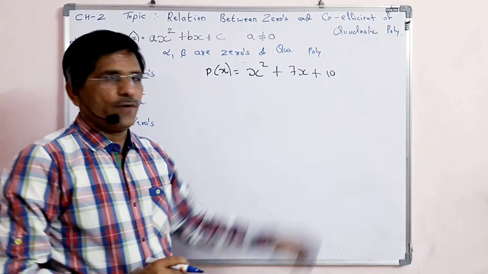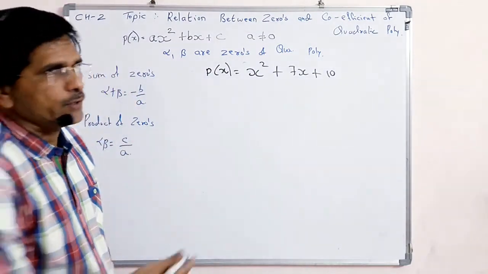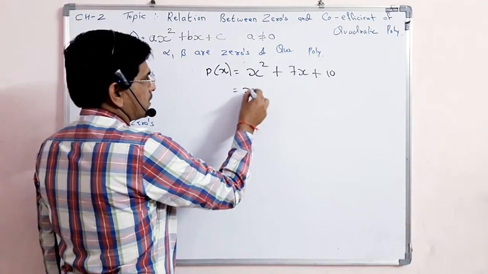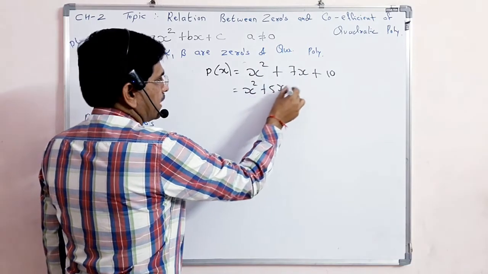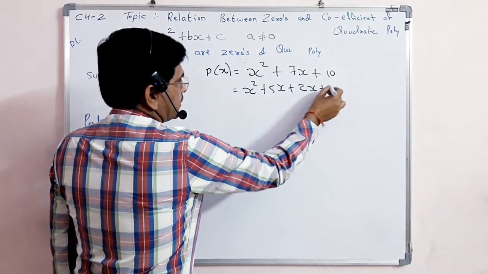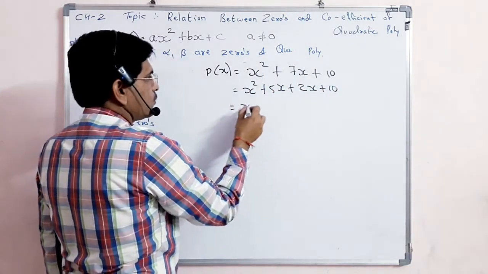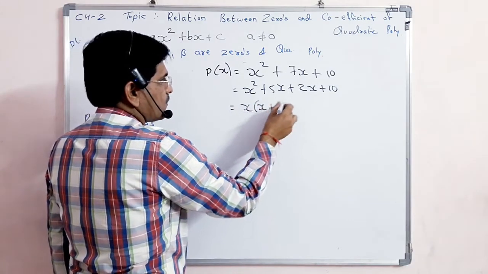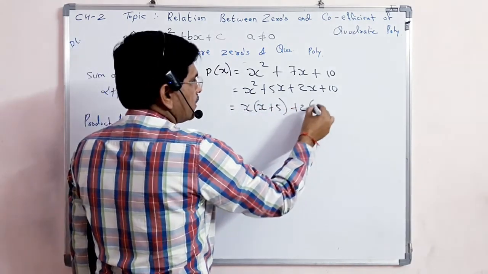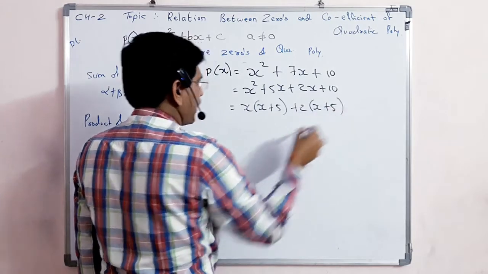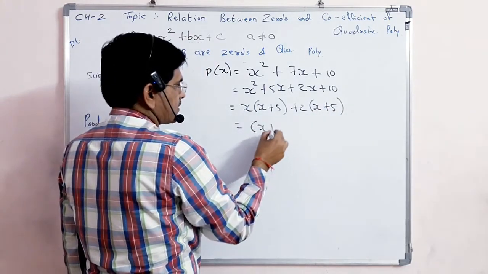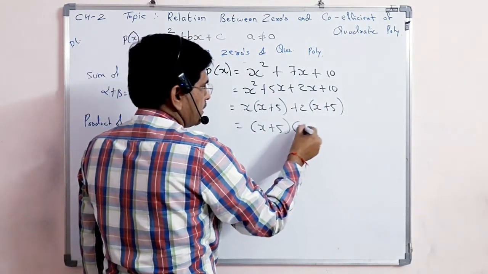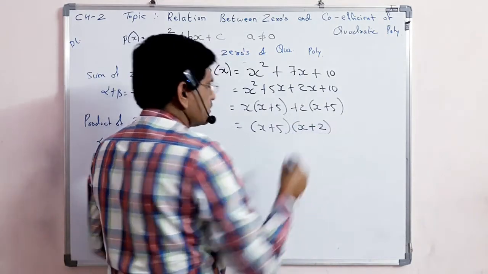Again, the factors of 10 are 5 into 2. So we have to write 5x and 2x into 10. If I make common, then x plus 5 and plus 2 common, x plus 5. So two factors we can say are x plus 5 and x plus 2.